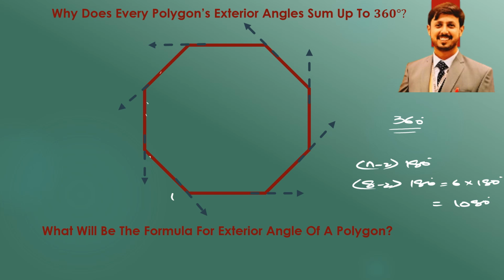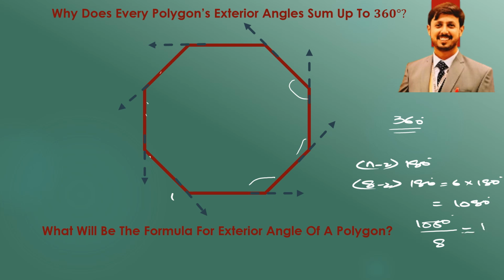If you want to find each interior angle, you need to divide 1080 degrees by the total number of angles, which is 8. If we divide 1080 by 8, we get 135 degrees.